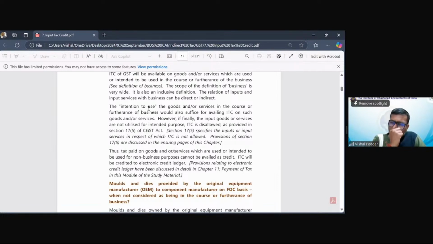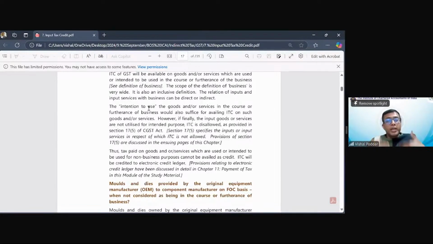For this, what every printing press does is, besides the machines that they are using regularly, they have standby machines. For every activity, they have one standby machine, so that if any of their machines stops functioning because of any breakdown or any problem, they immediately put this machine in that place. It may take half an hour for this shifting, but at least their paper doesn't stop. So that is what a standby machine is. Now, when I'm purchasing a standby machine, I'm not using it, but I have the intention of using it in business.